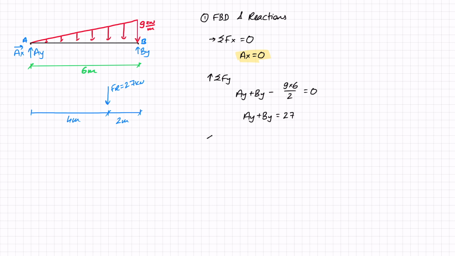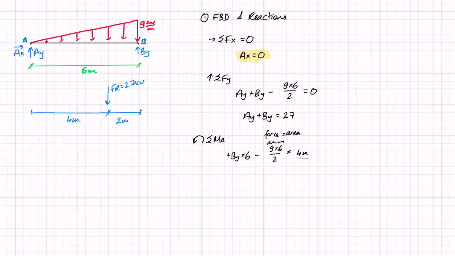The last thing I'm going to do is sum of moments around A, with this being my positive direction. For this I've got a positive moment from BY, so plus BY times 6, and then minus that distributed load, first the area, so that is the force, which equals the area, and then times the distance, which in this case is 4 meters.